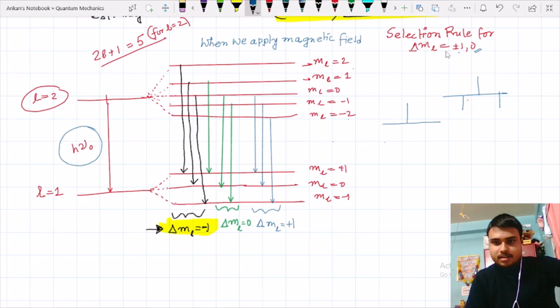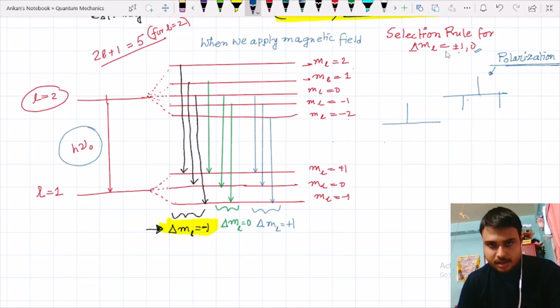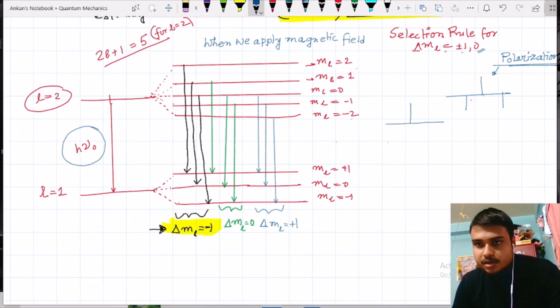Why have I plotted some spectral lines in upward direction and some in lower direction? This will be explained with the help of polarization. So after studying polarization, you may explain this. If you want the explanation of polarization of this, then I will try to explain it to you.